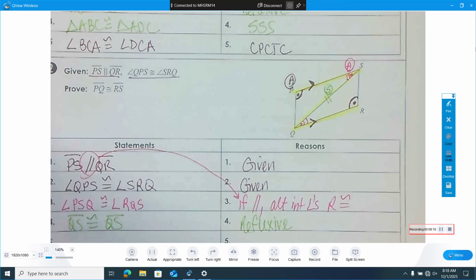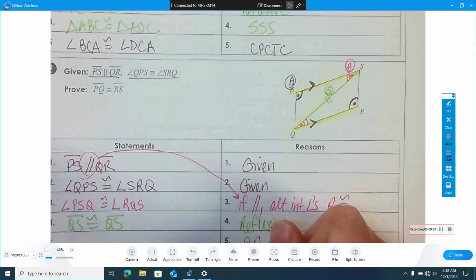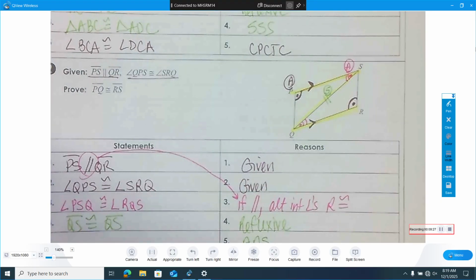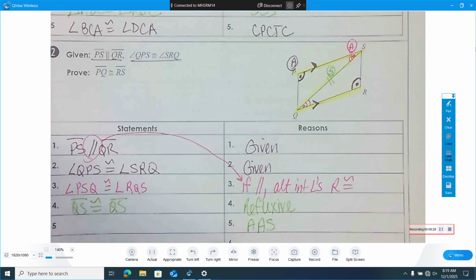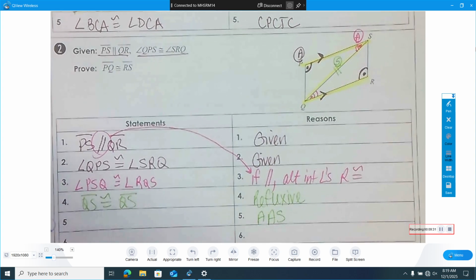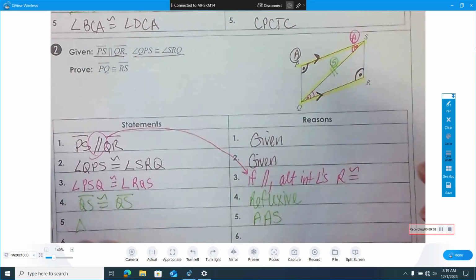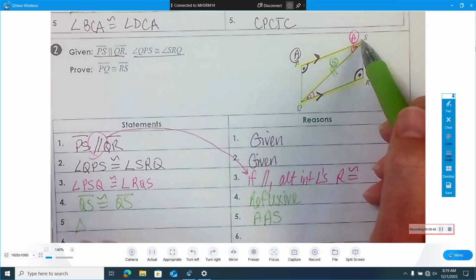So what do we know? Angle, angle, side. The triangles are congruent by angle, angle, side. Okay, and that is a proof. That is one of our triangle proof theorems. Okay, so we have some congruent triangles. Triangle what? PSQ.